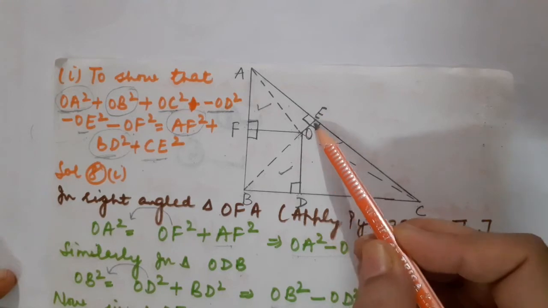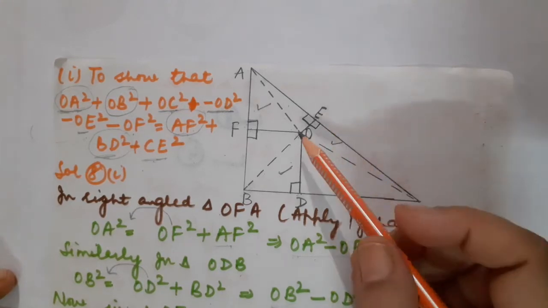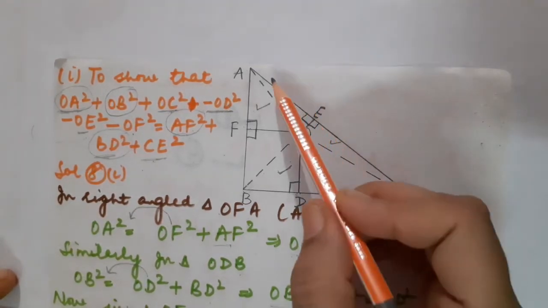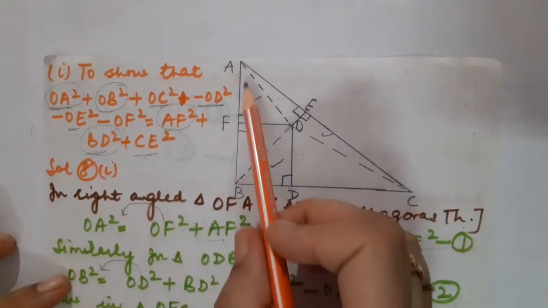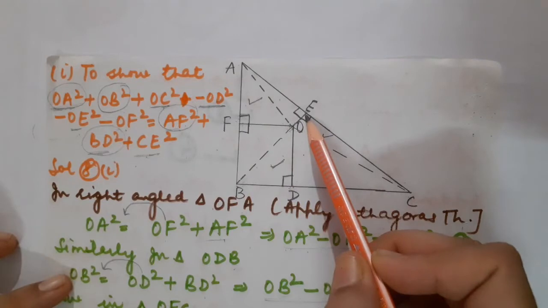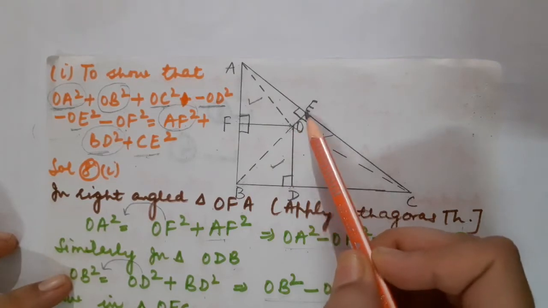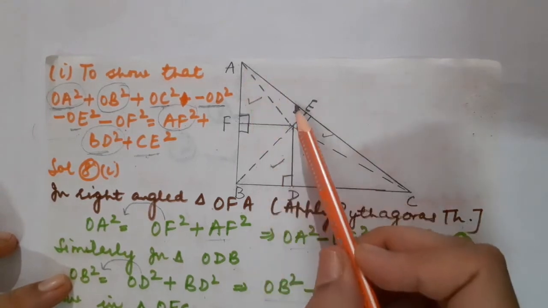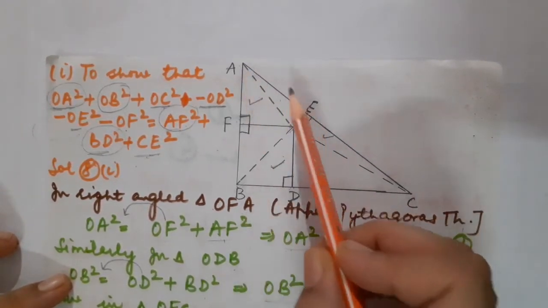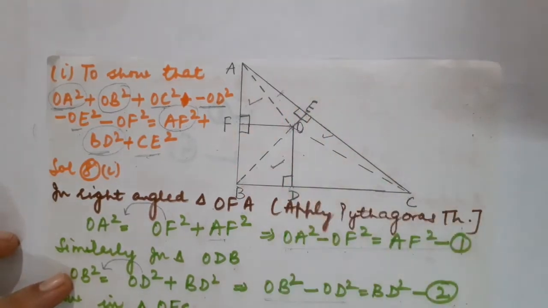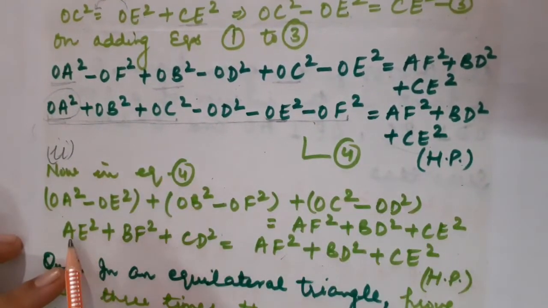It must be equal to base square, that is AE square, correct? Got it? So the same thing is written by me.